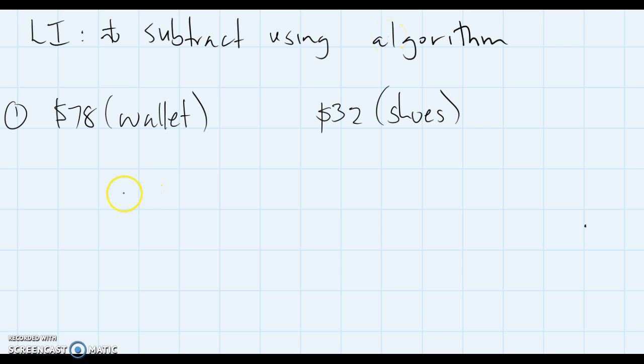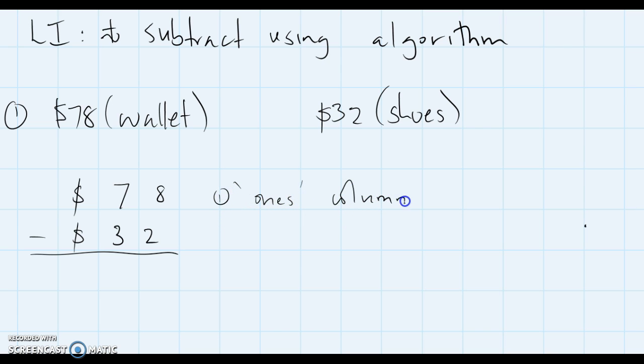So we need to make sure we do it the algorithm way, which is writing the problem downwards. $78, take away $32, simple. Look at your ones column. 8 take away 2 is 6.